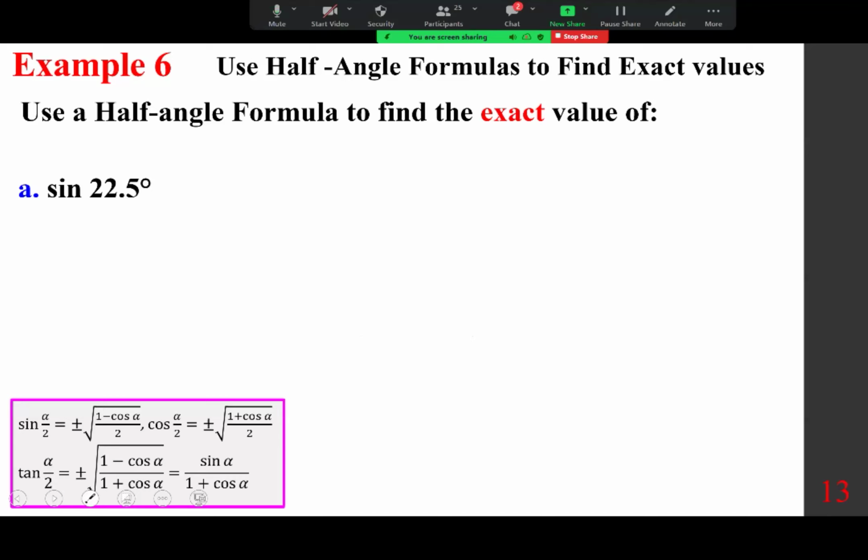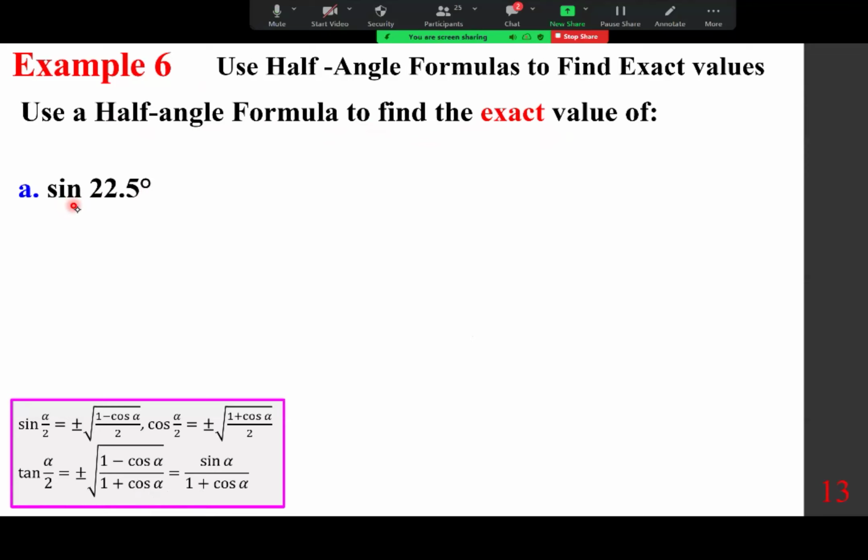All right, we are going to move on. Use a half angle formula to find the exact value of sine of 22.5 degrees.